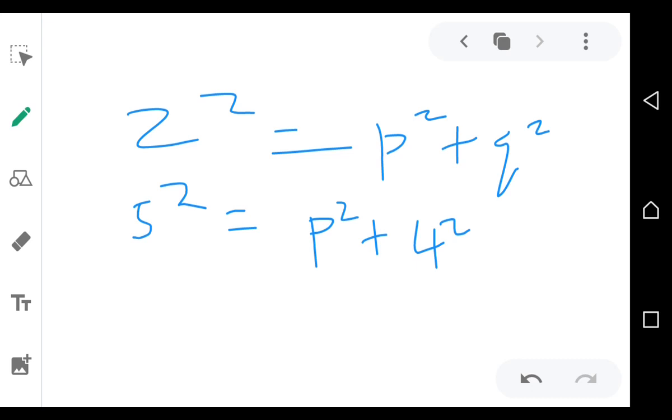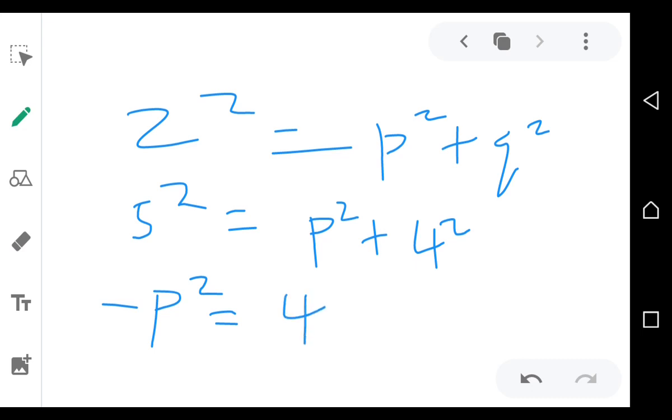So I rearrange this. I group the like terms. P squared is positive, and when it crosses this side it becomes negative. What has remained this side is 5 squared, and then 4 squared. So this is positive P squared; when it crosses this side, it becomes negative.